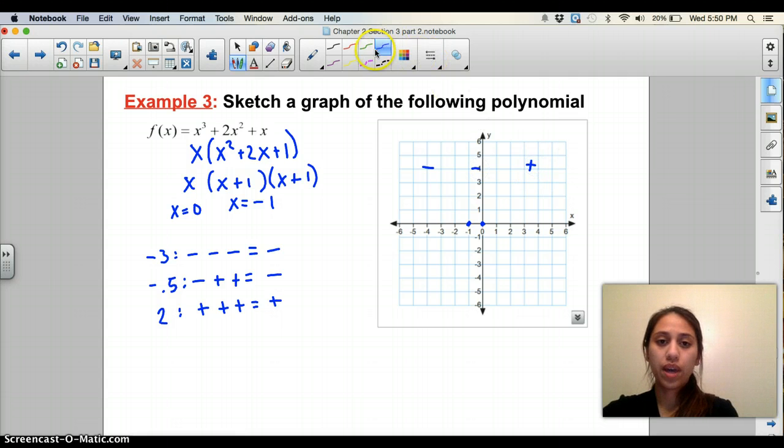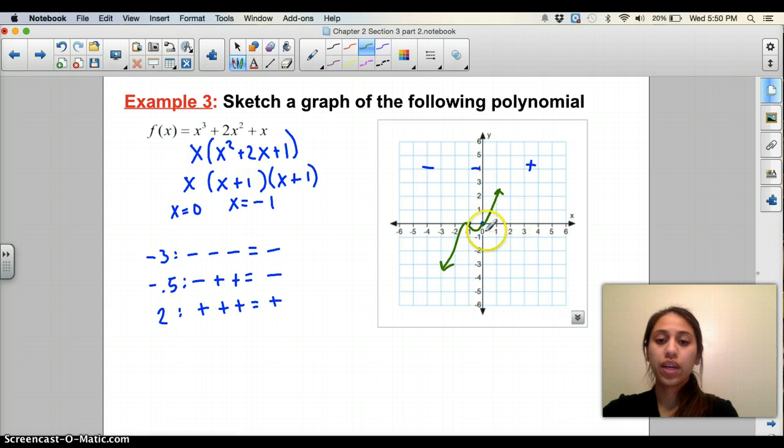We'll graph like we have been. So increasing here because of the positive. Negative there says that we're going to loop down. And that negative means that we'll be decreasing here.